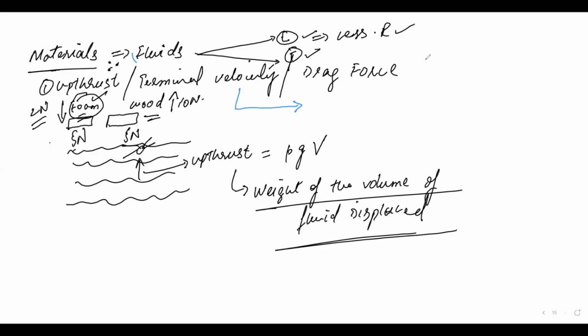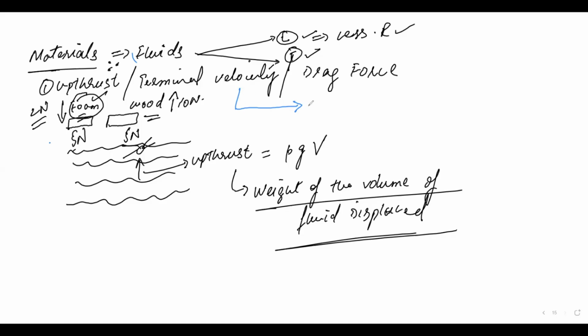Terminal velocity is the maximum constant speed of a falling object, where the downward force of gravity and the upward drag force are acting on the object, which results in zero acceleration. Exactly.